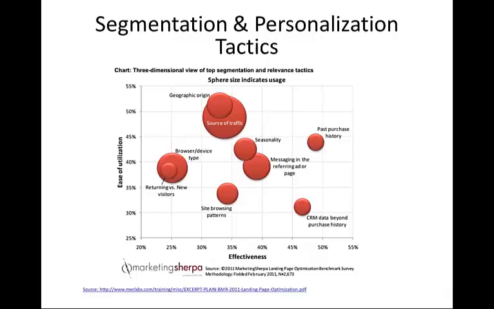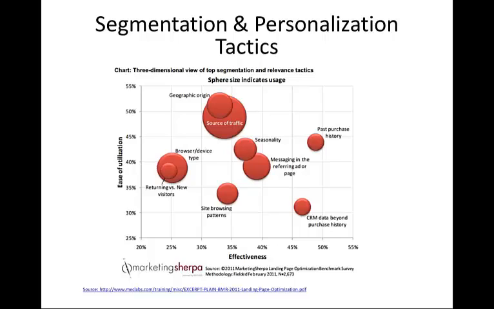So this chart here just shows some potential opportunities for segmentation or personalization based on how easy it is to implement and how effective it is. This is based on a survey put out by Marketing Sherpa in 2011.